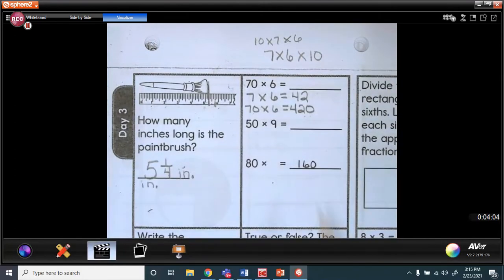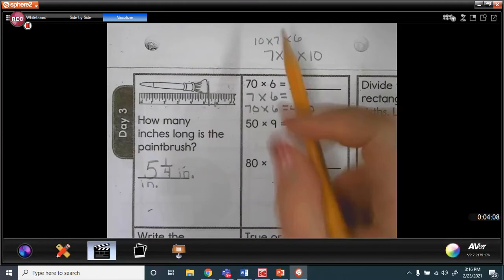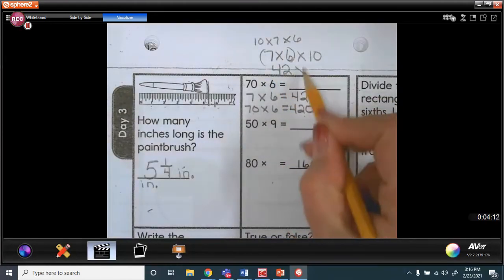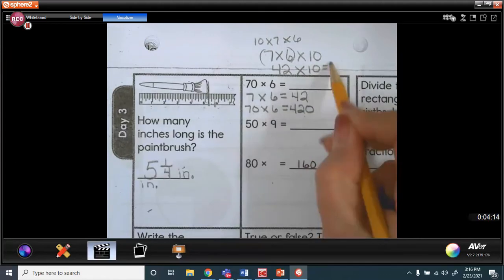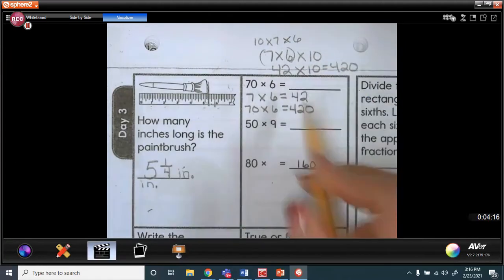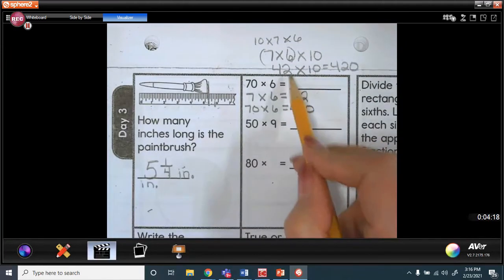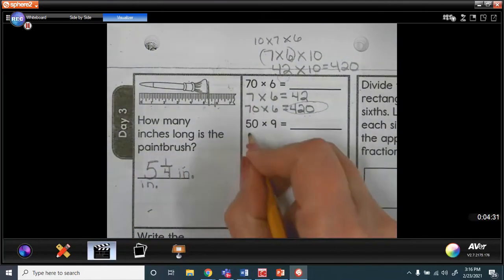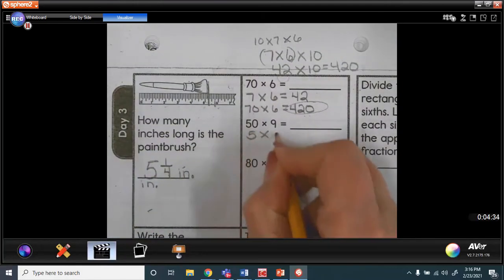And remember, it doesn't matter the order that we multiply in, it's just going to tell us that we're going to get the same product. So this would be 420, which means when I multiply something by 10, each place value goes up 1 more place value. So that 2 becomes 20, and that 40 becomes 400. Right there, 420.